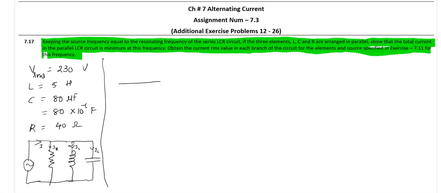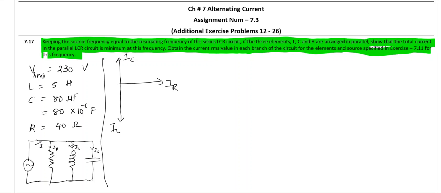So if this is the phasor of current passing through resistor, and if we take this one as current passing through capacitor, let this be current passing through inductor, because current passing through capacitor is leading the voltage by 90 degree, whereas current passing through inductor is lagging behind by 90 degree. So overall phase difference between current passing through capacitor and inductor is 180 degree as shown here.